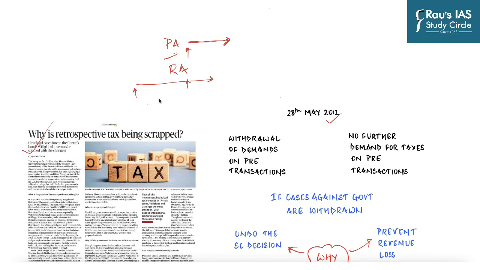Now this is a problem. This is a big problem if Parliament has such powers, because you can never be sure about how your actions are going to be treated in future. For example, let's say I did a transaction which is tax free today, in 2020. And in 2021, the government comes up with an amendment saying that all transactions similar to this particular transaction will be charged at 50%.